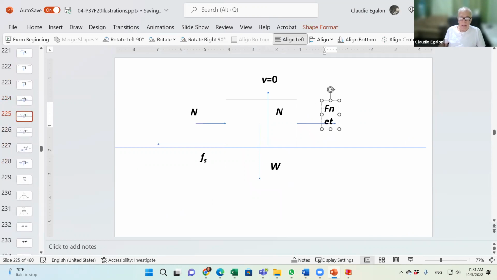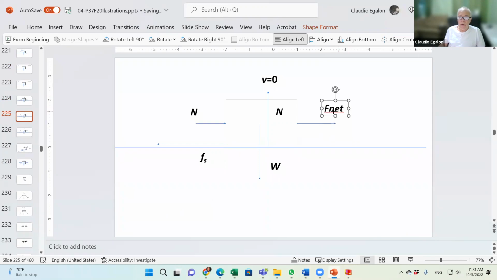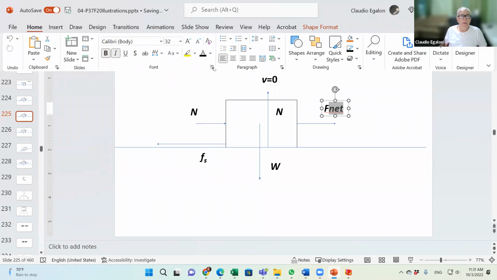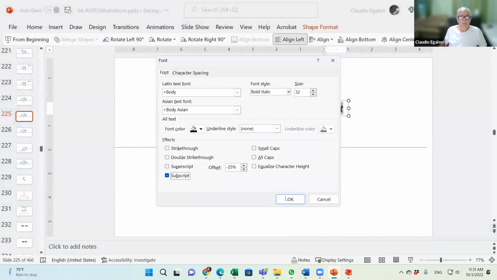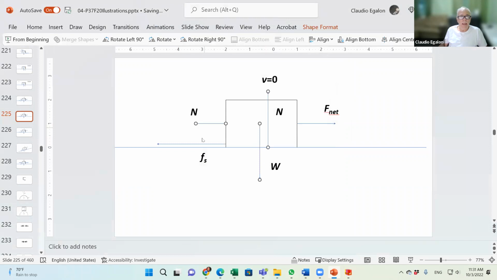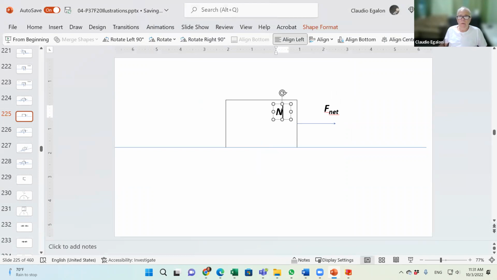And yeah, the net force should be something like that. Net force. And what else? I illustrate the fact that this object has a mass m.